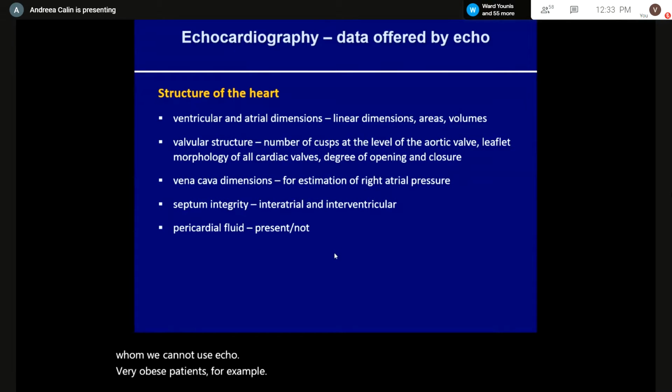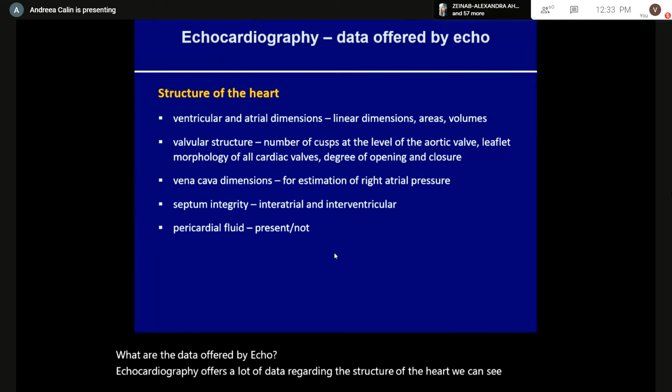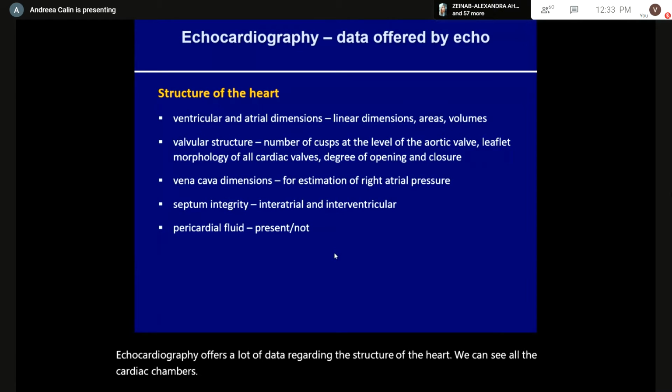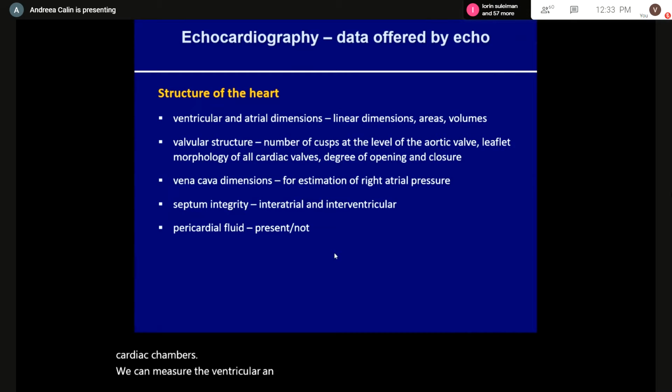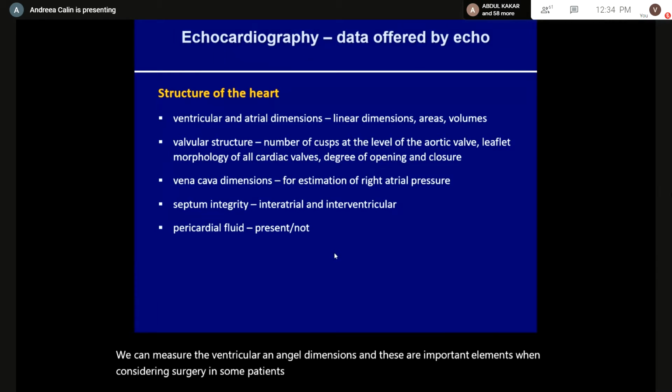What are the data offered by echo? Echocardiography offers a lot of data regarding the structure of the heart. We can see all the cardiac chambers. We can measure the ventricular and atrial dimensions, and these are important elements when considering surgery in some patients, as we will also see in the courses later on.